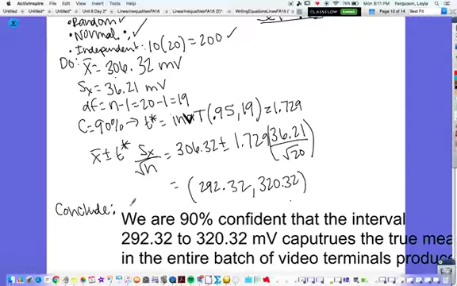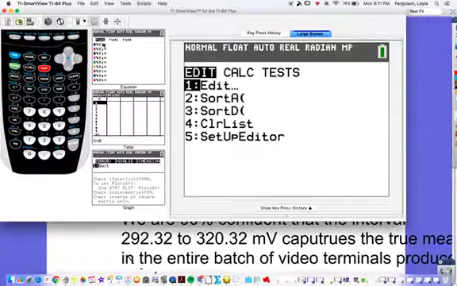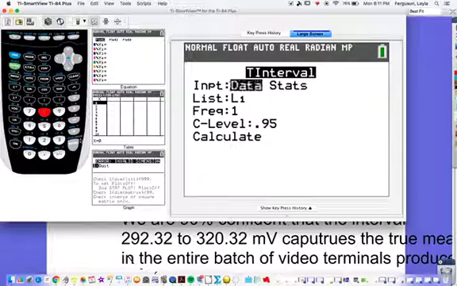The way that you would do this one is you would go in your calculator. You are going to go under stat, go over to tests, and you are going to do a T interval, which is option 8. You are going to keep it on data.